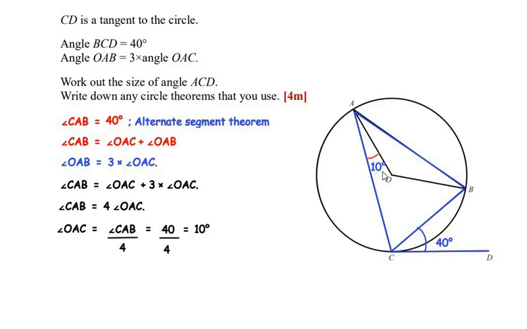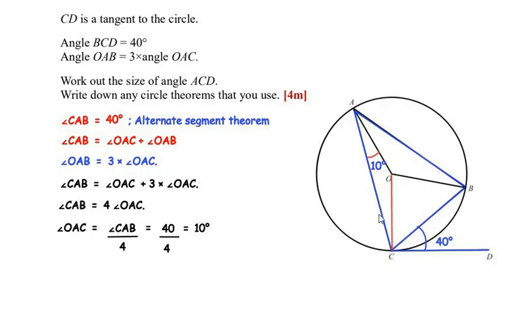Now once we have got the value of angle OAC, let us join the center of the circle O with the point C this way. Now the triangle OAC becomes an isosceles triangle. Let me highlight this triangle now. So this highlighted triangle OAC becomes isosceles because 2 sides of this triangle are equal. That is, side OA will be equal to the side OC because both represent the radii of the same circle.